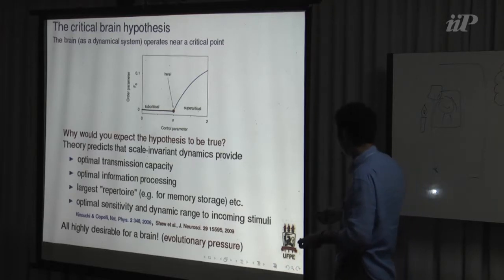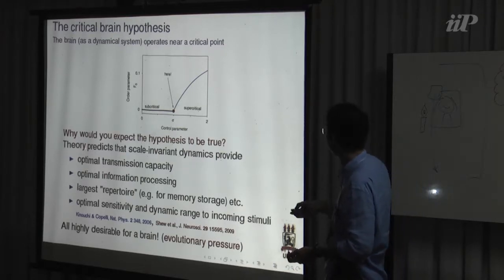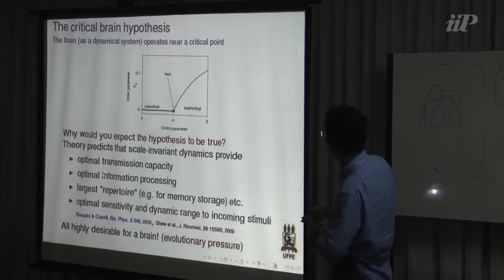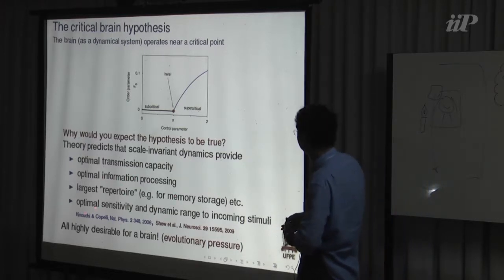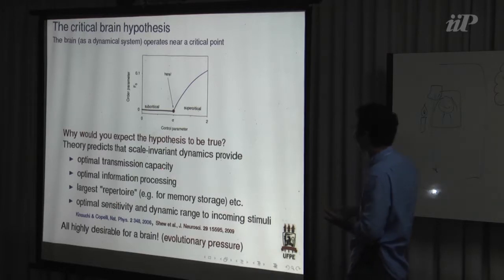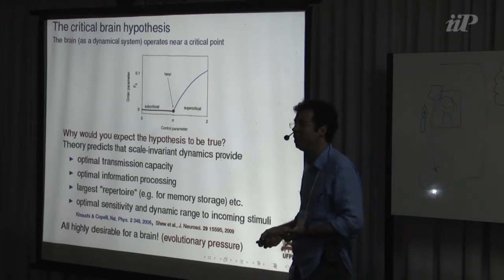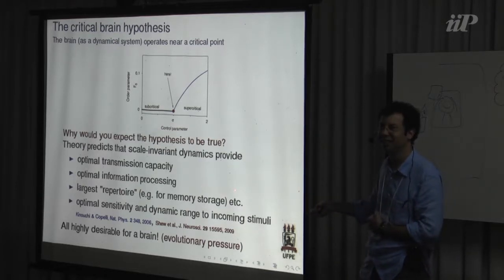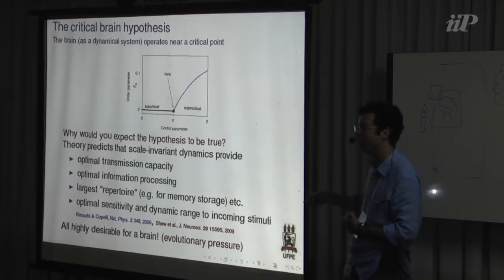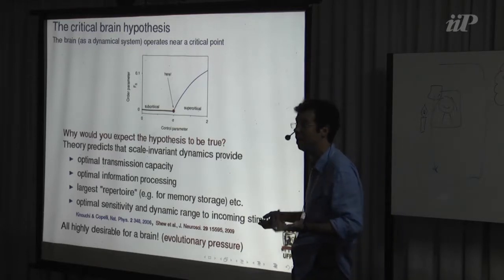So if you just look at these features, optimal transmission capacity, information processing, dynamical repertoire, sensitivity and dynamic range to stimuli, those look nice, right? If I had a brain, I would like to have those features. It would be a good brain, apparently.